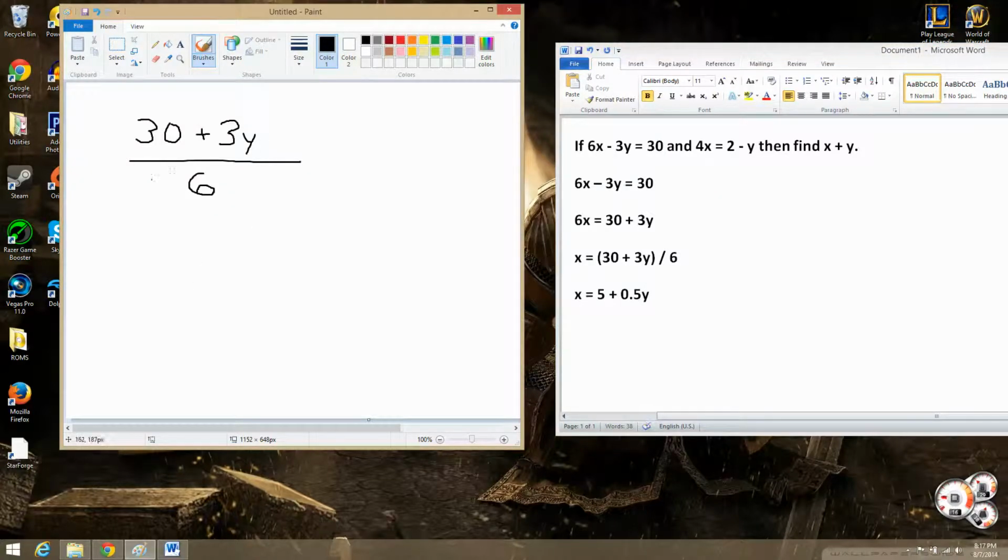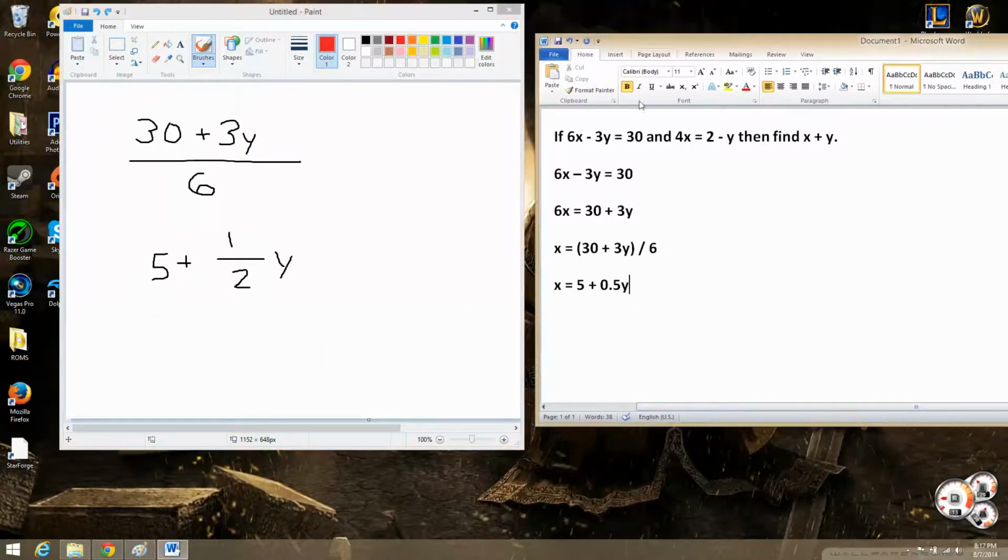An alternate version of this would look like 5 plus 1 over 2y. By the way, if I'm confusing you with the stuff I'm putting on MS Paint right here, it's just an alternate kind of thing. You don't really need to pay attention to it if you're tracking with what's going on the right side. Hopefully I'm not confusing you with this Microsoft Paint stuff.